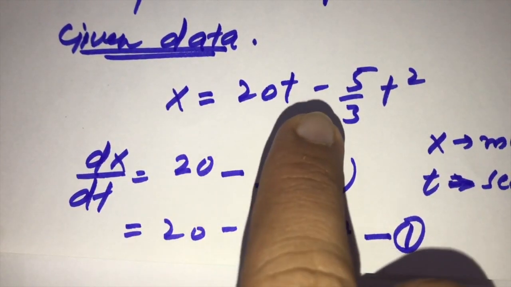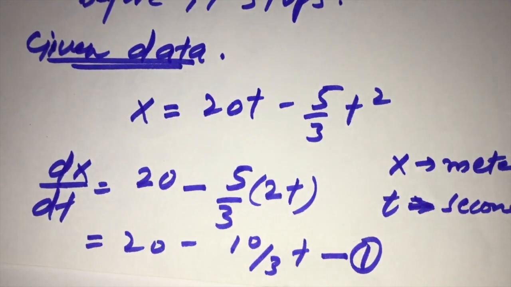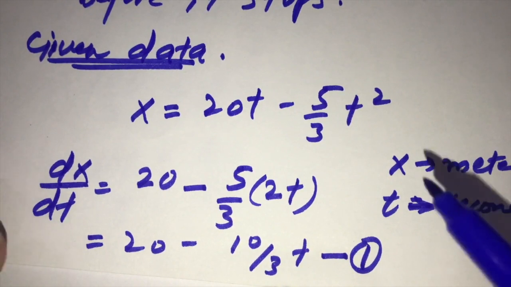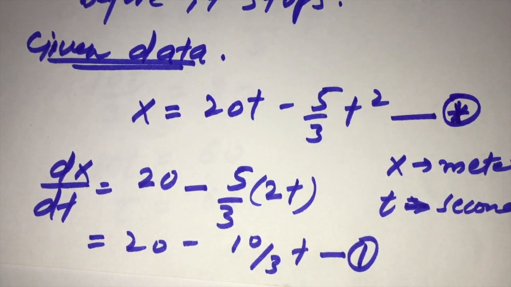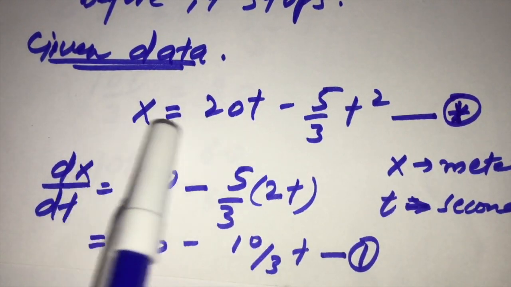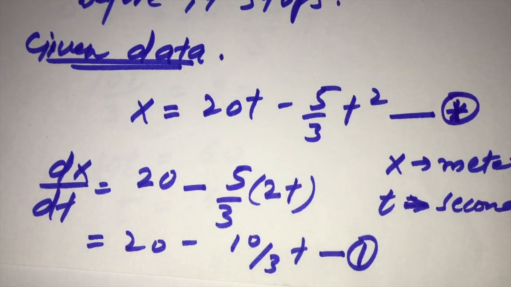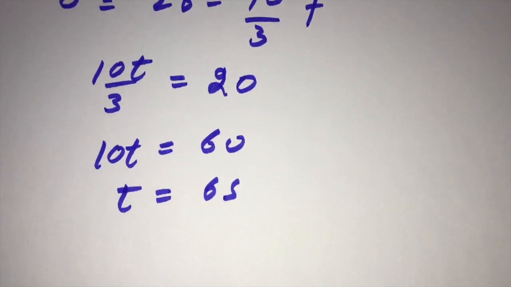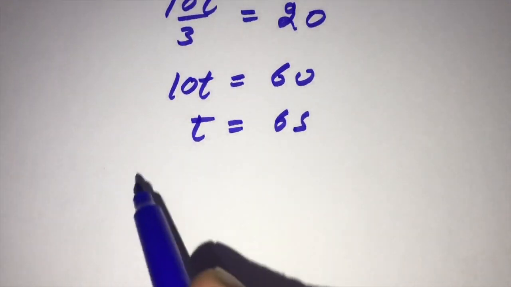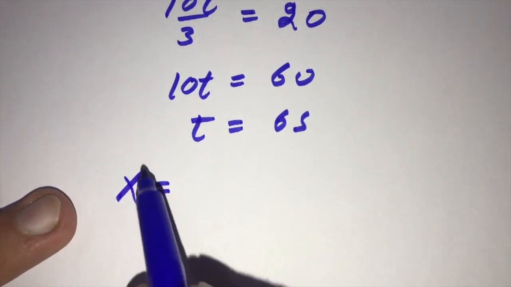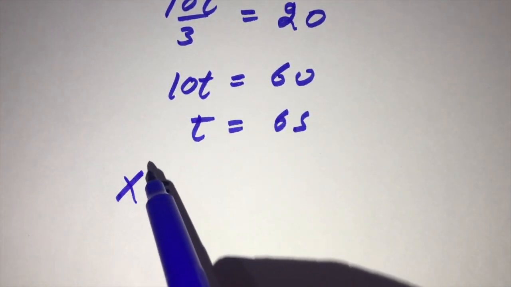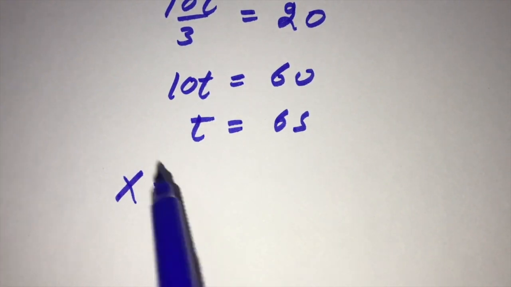x is equal to 20t minus 5 by 3 t square. Let's name it as star. Put t equal to 6 seconds in this equation. This gives us the distance the car traveled before it stops.